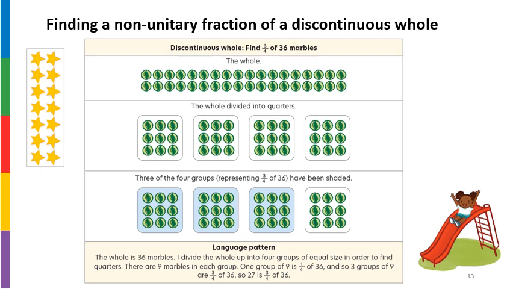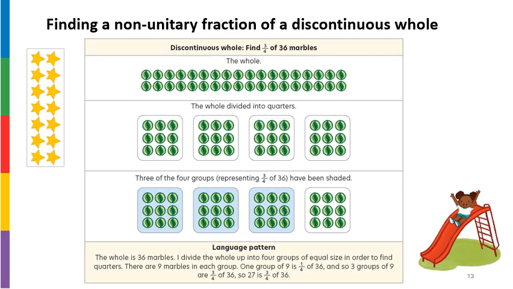In this slide, I've again taken an example from your module because I think talking through it might just make a bit more sense. Finding a non-unitary fraction of a discontinuous whole. Let's just think about that for a minute.